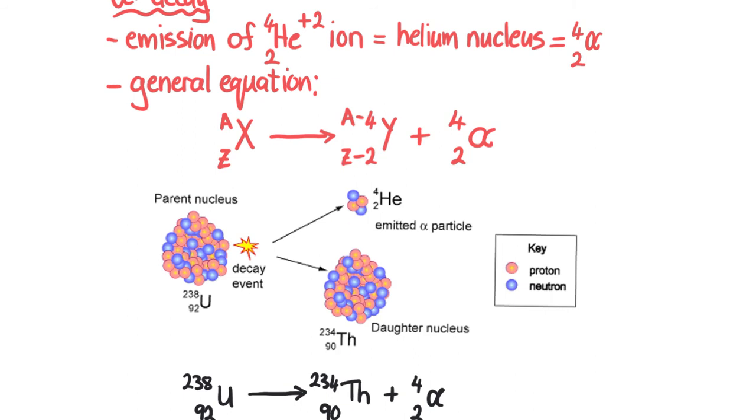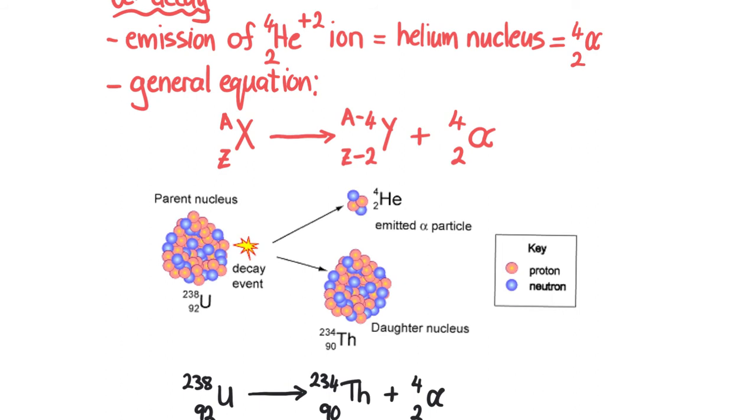Because in losing 2 protons, the uranium nucleus has become a thorium nucleus, because thorium has an atomic number of 90. Remember, it's the atomic number that determines what type of element. And so this will be a thorium-234 nucleus.